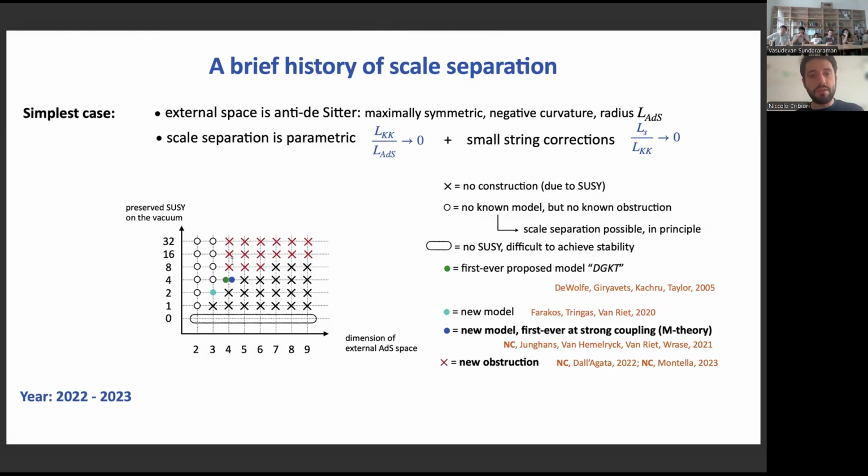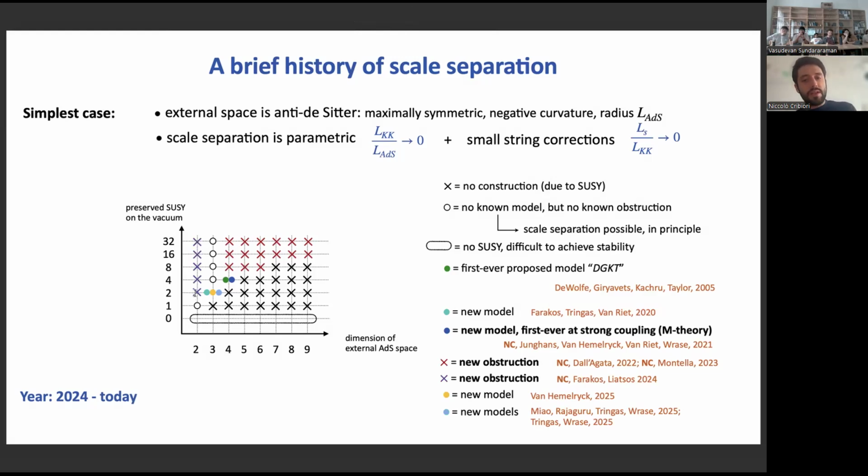So basically, all theories with a large amount of supersymmetries from 4 dimensions and up to 9 dimensions are likely not to give scale-separated anti-de Sitter vacua with supersymmetry. This is the statement. So here we believe that it should not be possible to find scale-separated vacua unless you violate the weak gravity conjecture.